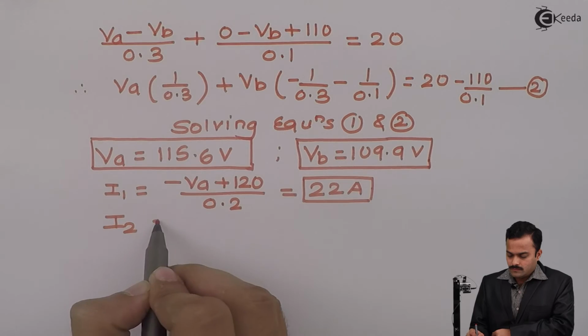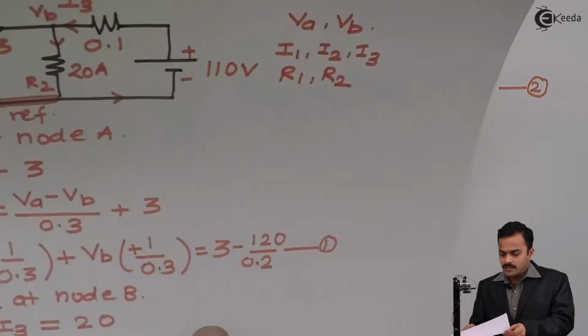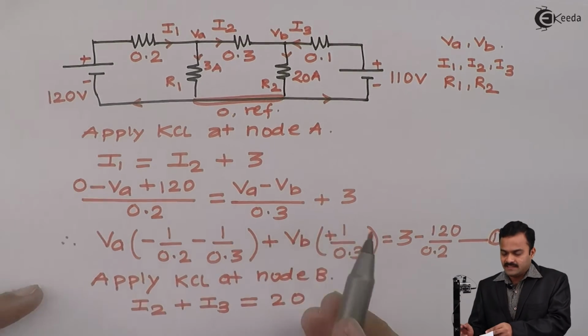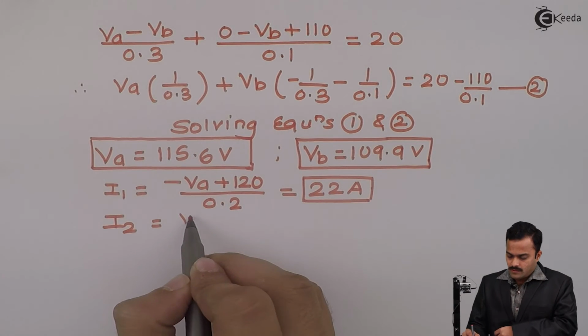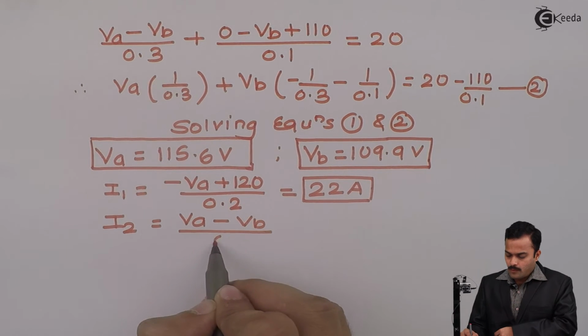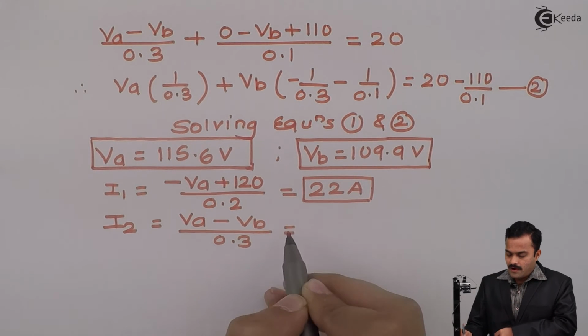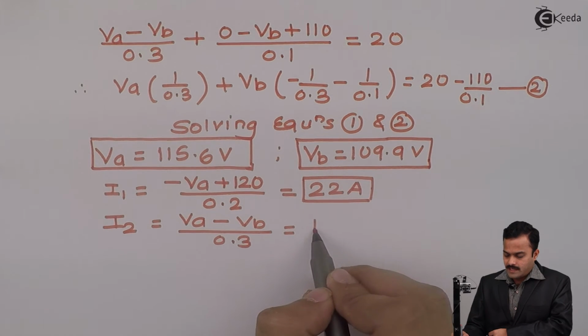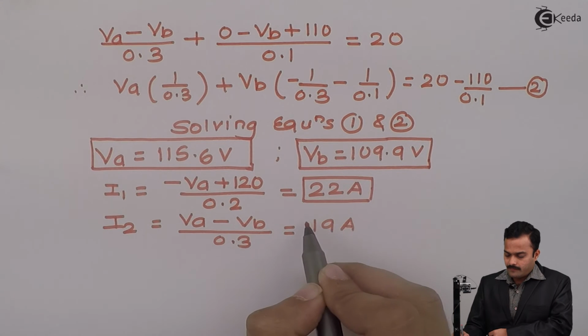Similarly I2 equals VA minus VB upon 0.3. After substituting the values of VA and VB, I will get the answer 19 ampere.